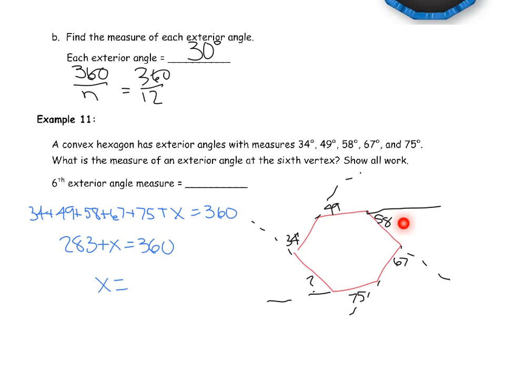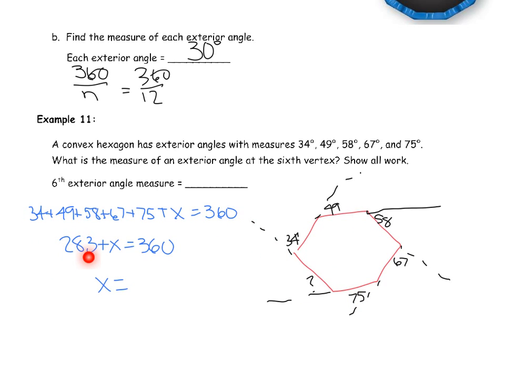As you can see, I drew it out. This is our hexagon, 6 sides, and those are the exterior angles, and this is the one we're looking for. All we have to do is add them all up, and I included the plus x because that's the sixth one we're looking for, and make them equal to 360 degrees because that's what the total sum is always going to be for any polygon.